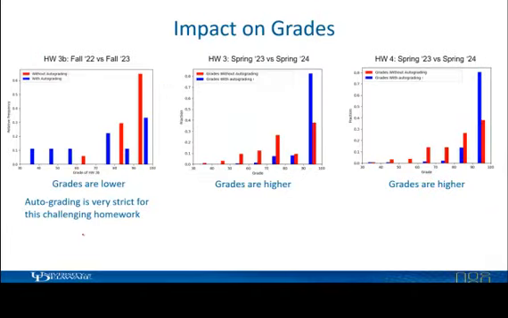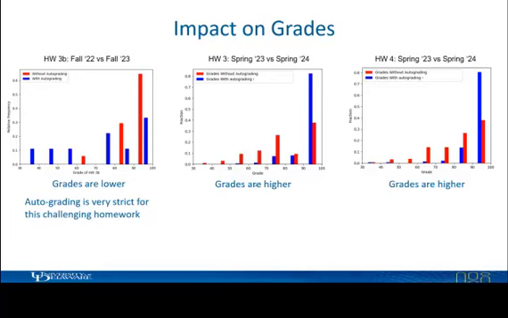So, impact on grades. For some of the material, the grades are higher. Here, the red is the previous semester without auto grading, and the blue is with auto grading. So we see a significant jump in the grades here. But for this homework, the grades were lower.